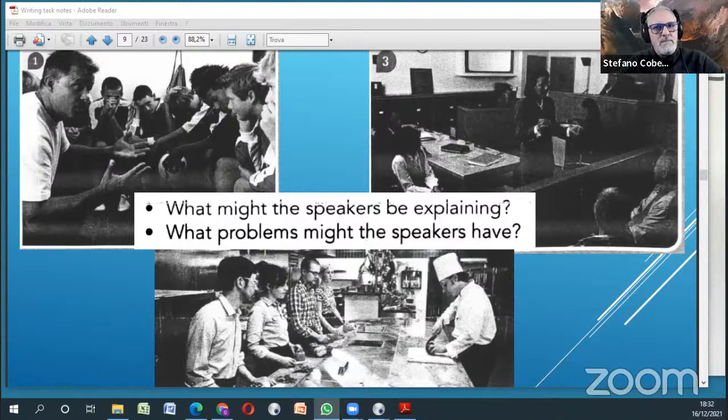It's not a problem. So this is obviously a kitchen scene, and we've got a chef, and he's doing something. Here we have a lady. She's probably a lawyer, and from the scene, it looks like she's explaining something to the jury.